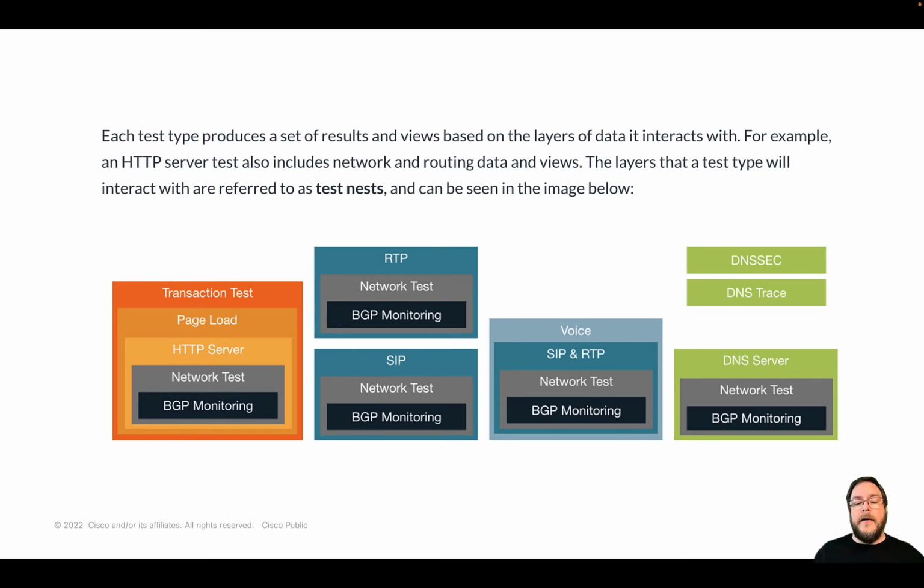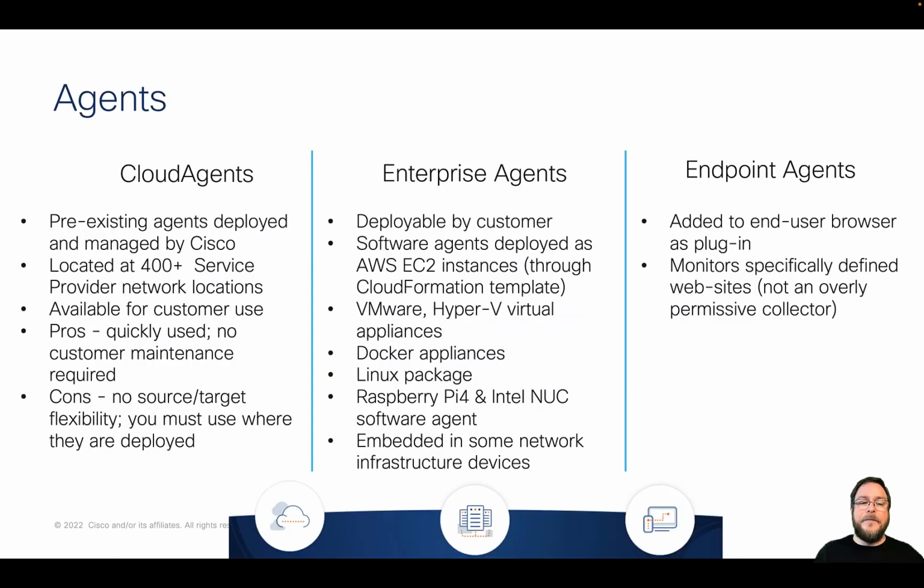If our application involved some kind of video or voice type transaction, then if we did the voice test, we would include SIP and RTP, network, and BGP. And these would just happen by virtue of defining the test that we want. So don't double up. Try to use the tests in a layered way because you'll get the best benefit of information in a bundled test.